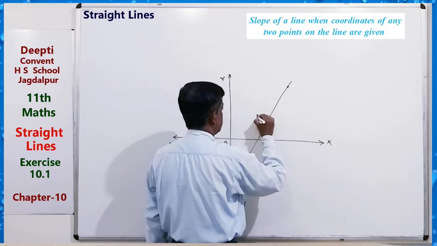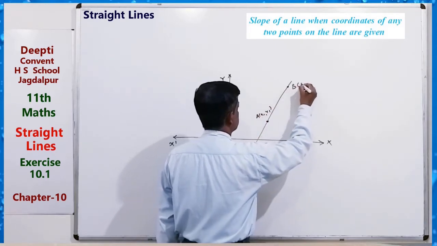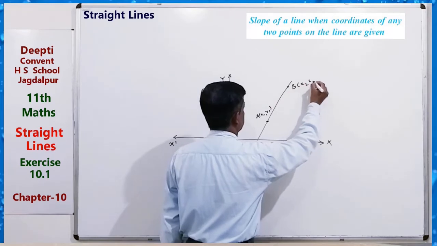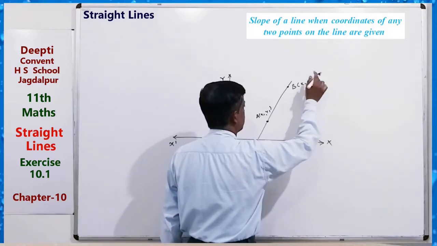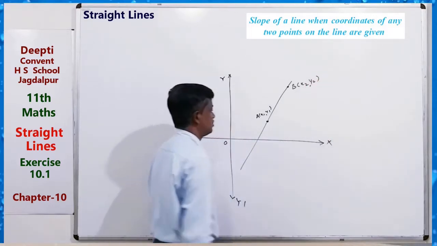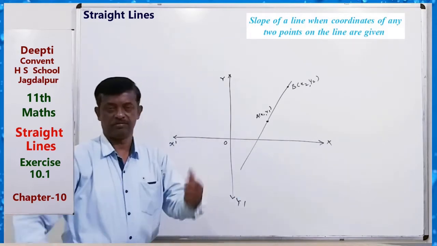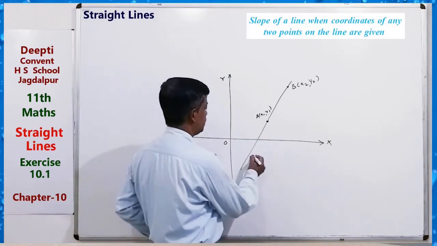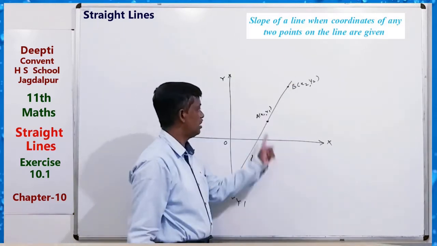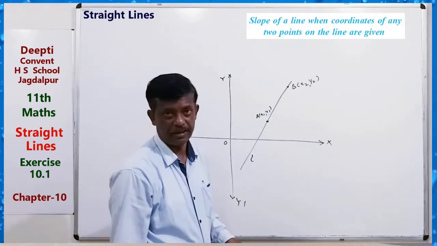This is A (x1, y1), this is B (x2, y2). We know any line can be drawn by using 2 points. If we have 2 points in a plane, then we can draw the line. So suppose this line passes through A and B, then we can find the slope of the line.